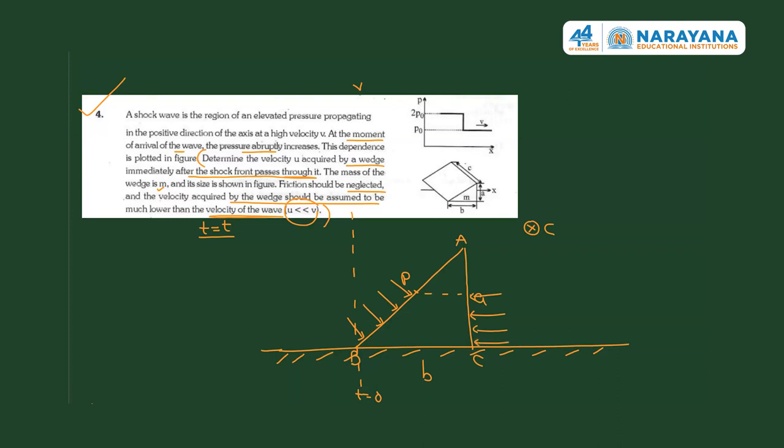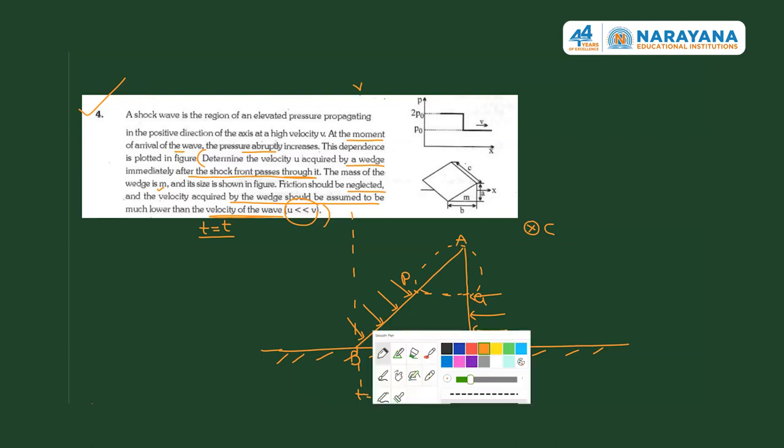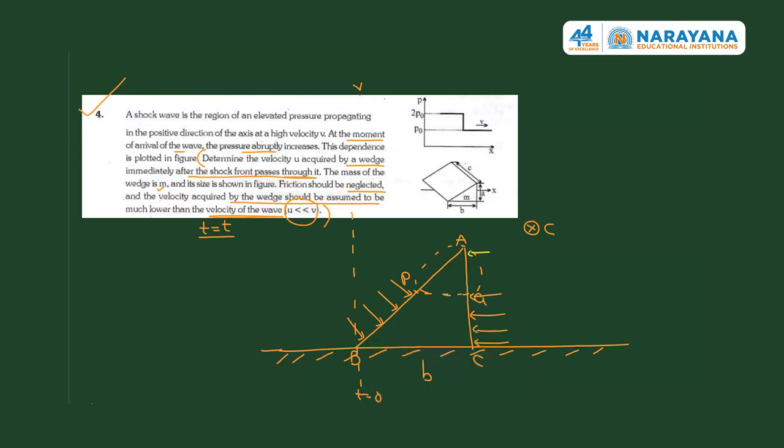So we presume that exposure of this signal is up to point P. I am talking about pressure to be P naught here. And why I am not showing any pressure on this section? Because we know that if pressure on both the sides is same, the net force on this section will be 0. So basically what I'm trying to say is pressure here throughout is P naught, right?